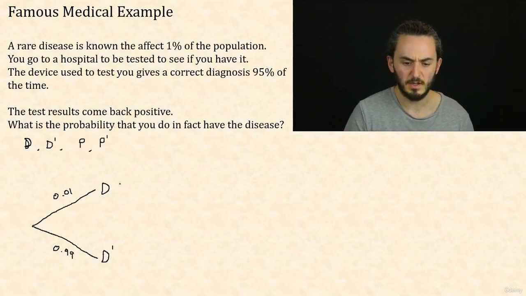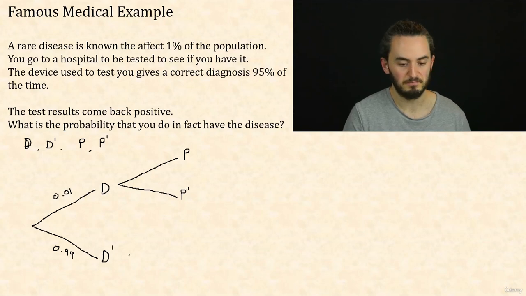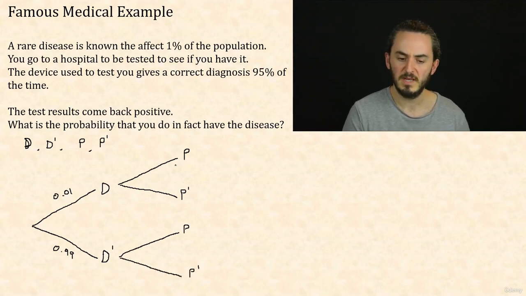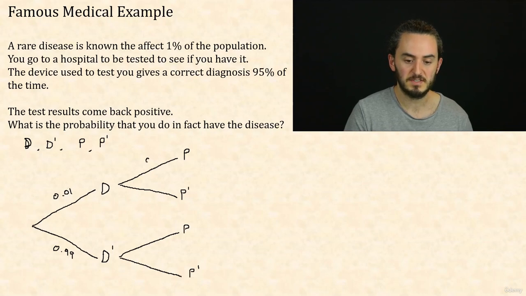Now, the test will either give you a positive result, P, or a negative result, not P. And equally, if you don't have the disease, it will either give you a positive result, that will be when it goes wrong, or a negative result, which would be the correct one if you don't have it. So what are the probabilities here? Well, it gets it right 95% of the time. So if you do have the disease, it will give you a positive result 95% of the time, but 5% of the time it will get it wrong.